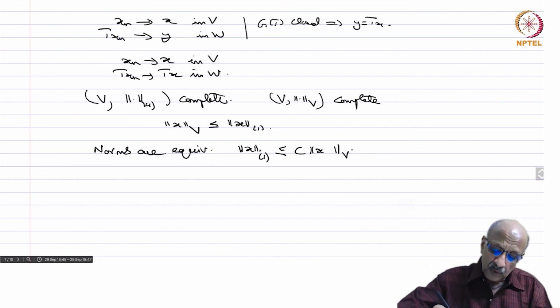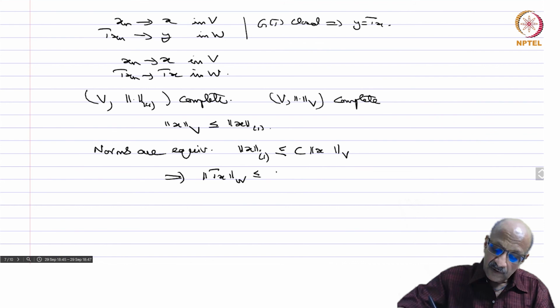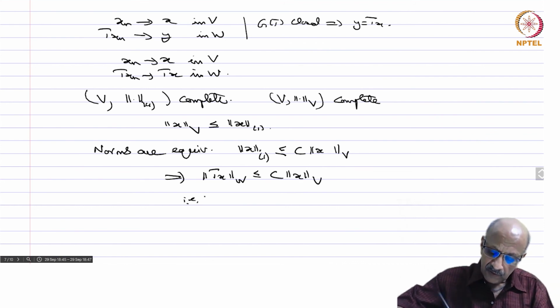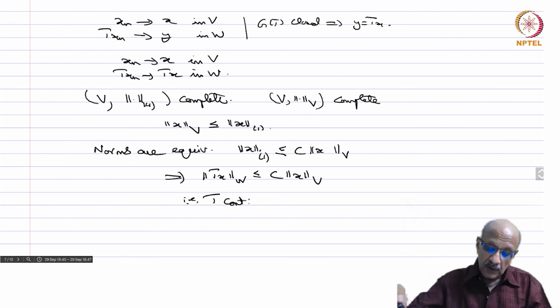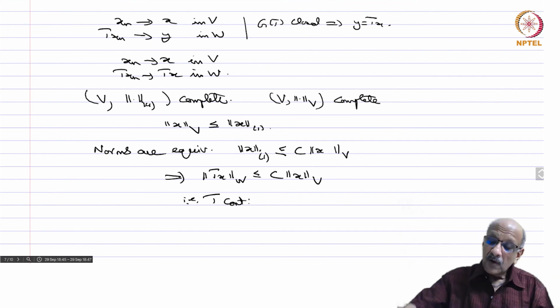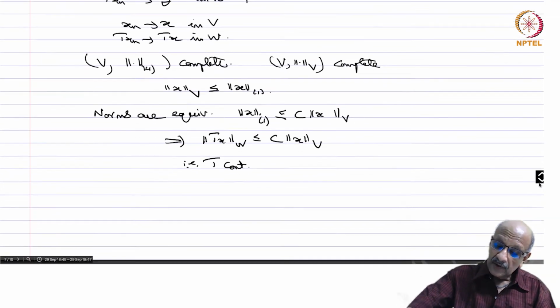It is a sum of two norms, so in particular one of them, namely norm Tx in W, is less than or equal to C times norm x in V, that is T is continuous, and therefore we are through. Okay, so this completes the proof.